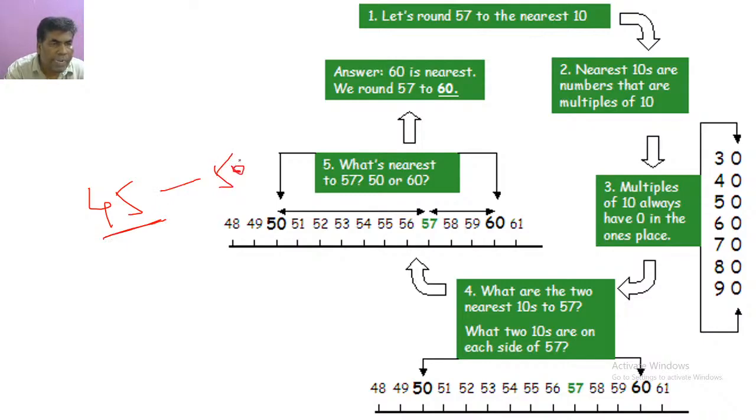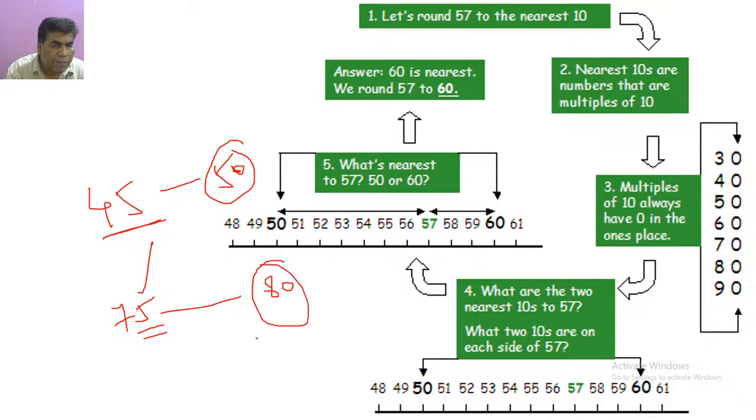We have to round it up. Somebody asked about 75. As we have 5 in the units place, we have to round it up. Okay, that is about the nearest 10.